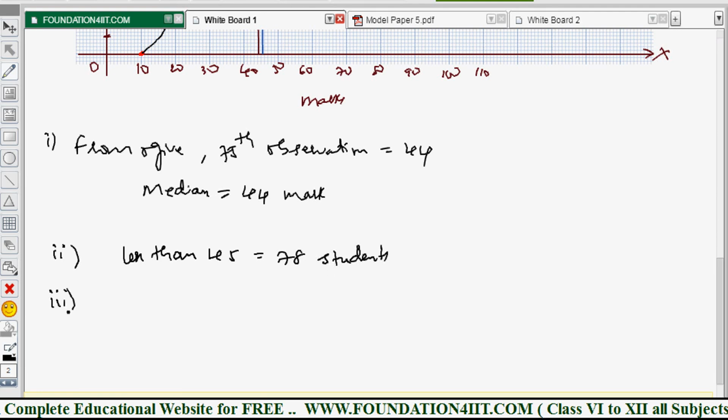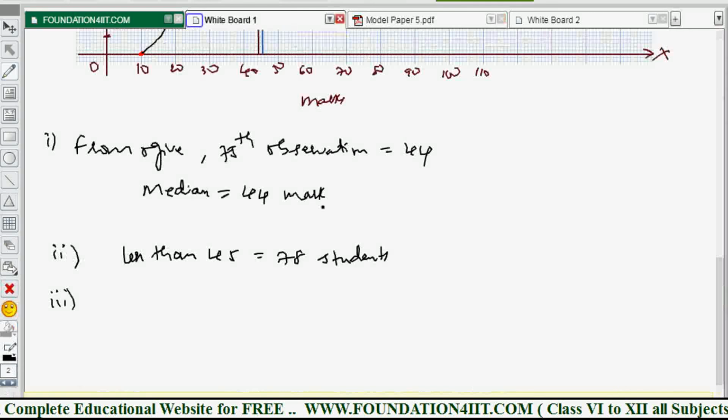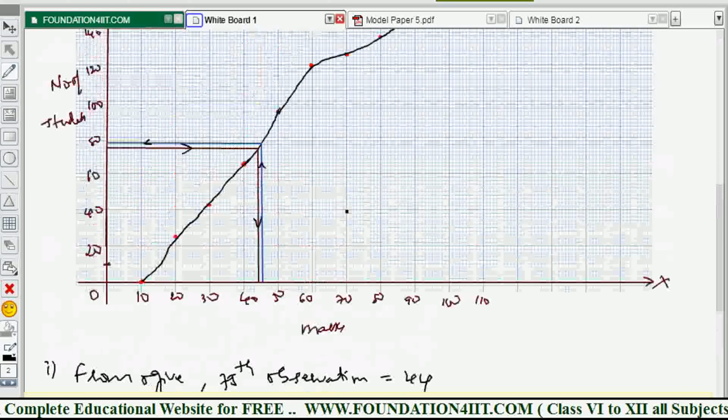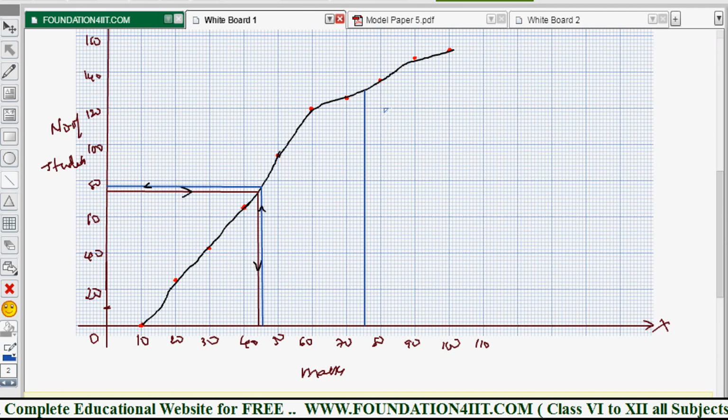And one more, the third one: the number of candidates who got marks more than 75. From 75, between 70 and 80, take the straight line. Wherever it touches, from there take a straight line towards the side.